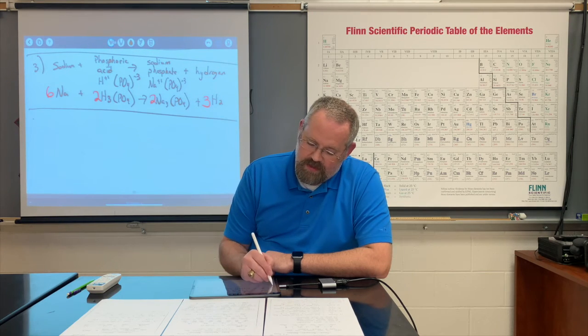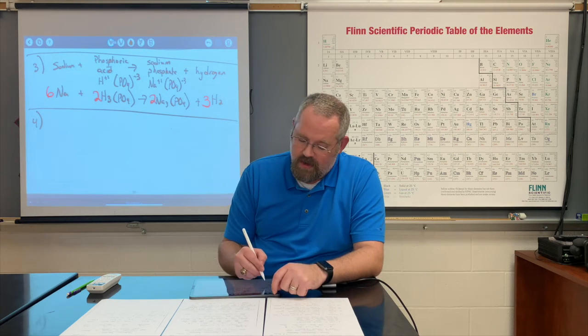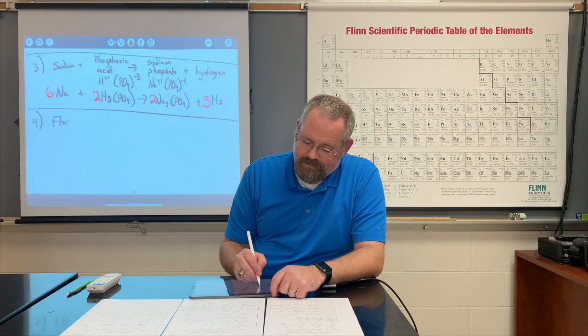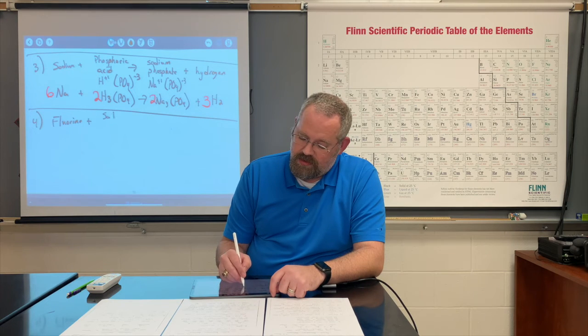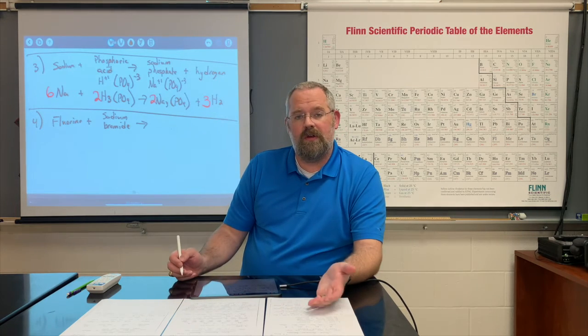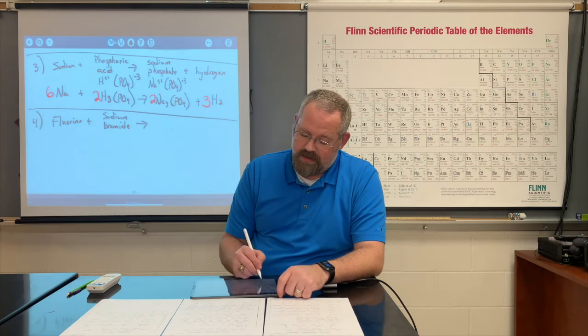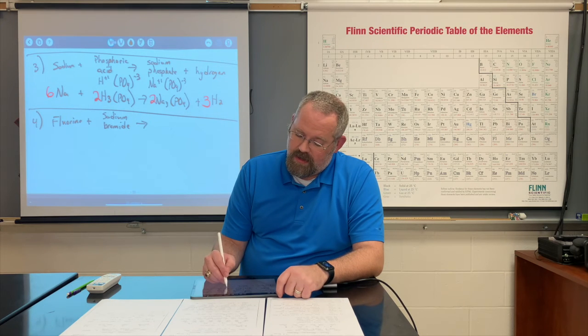Okay, and the last one is halide to halide replacement. We're going to use fluorine plus sodium bromide. All right, now again, know your halogens, know your pluses and your minuses. This is going to end up being sodium fluoride plus bromine.